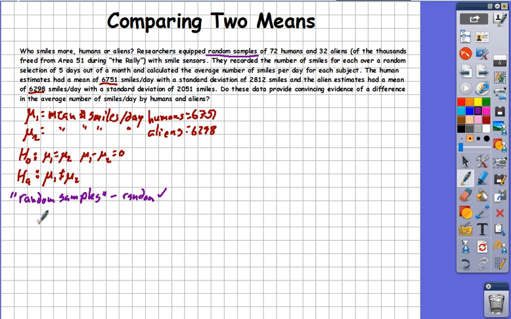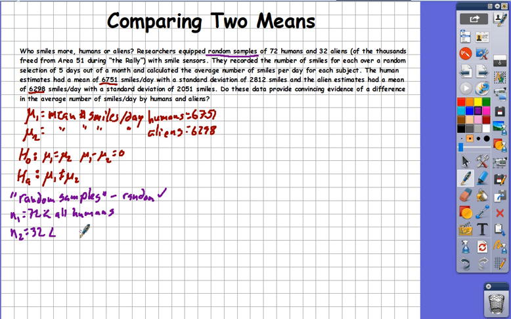What's the next one? For all of our tests, we always do random, and if we're doing without replacement, the 10% rule. So let's see. 72, so n sub 1 is equal to 72, and that is definitely less than all humans, for sure. And then sample size 2, n sub 2, was 32.